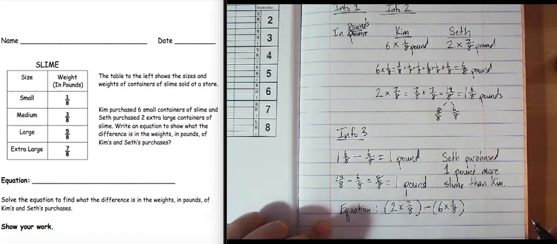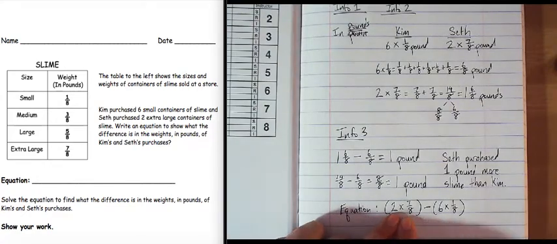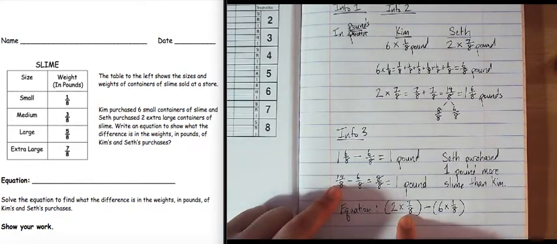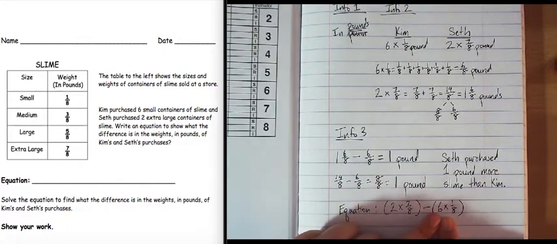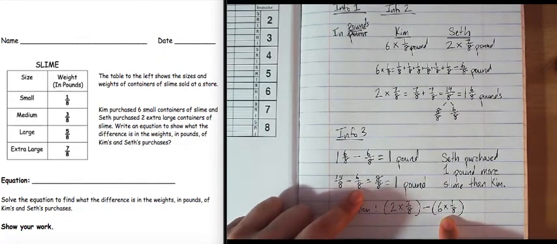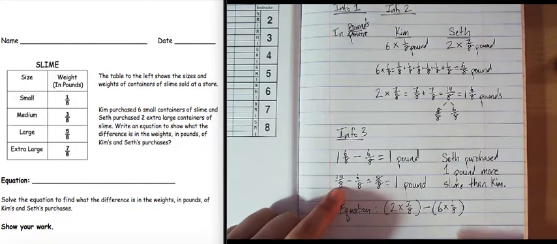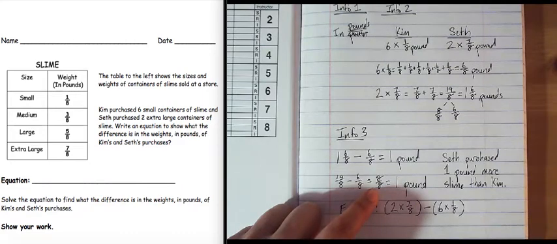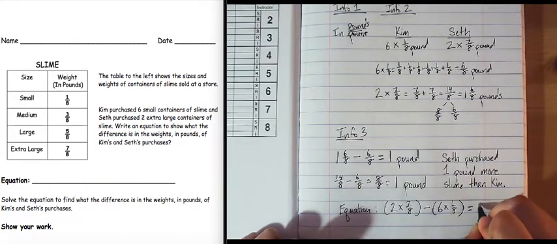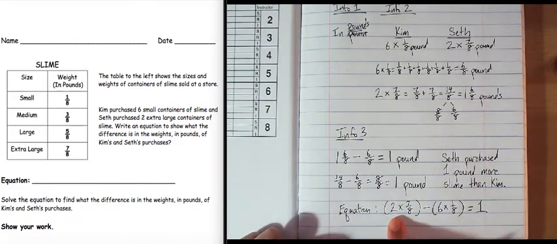And we determined that 2 times 7/8 is 14/8, or 1 6/8. And we determined that 6 times 1/8 is 6/8. And then we subtracted 14/8 minus 6/8, which left us with 8/8, or 1 pound. And so we can say that 2 times 7/8 minus 6 times 1/8 equals 1.